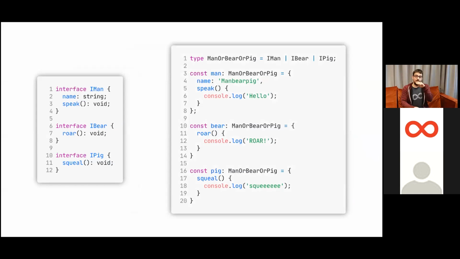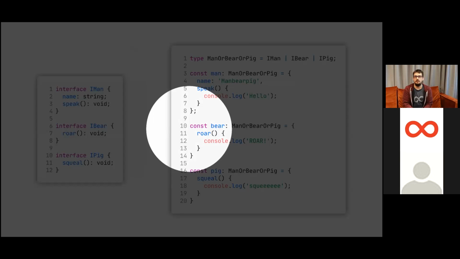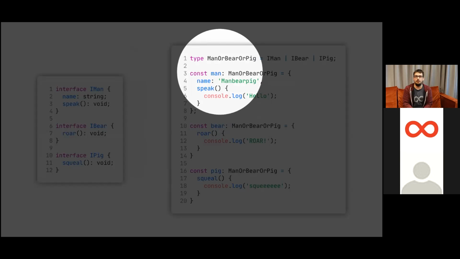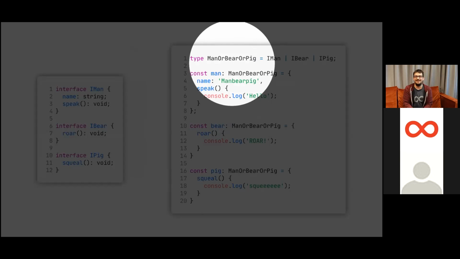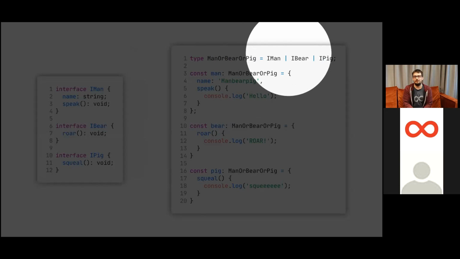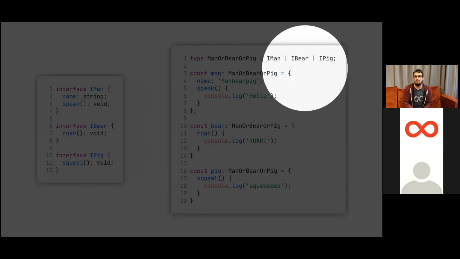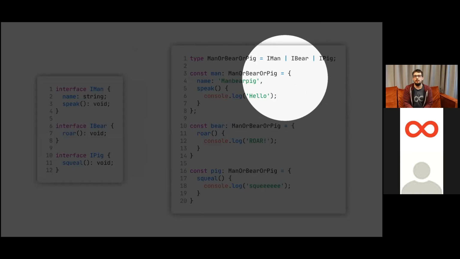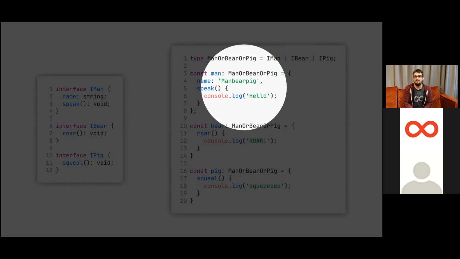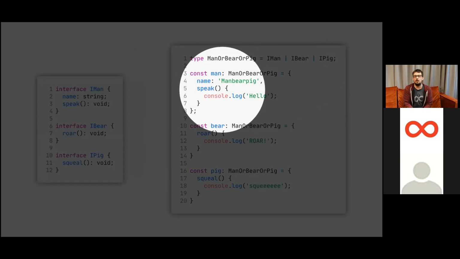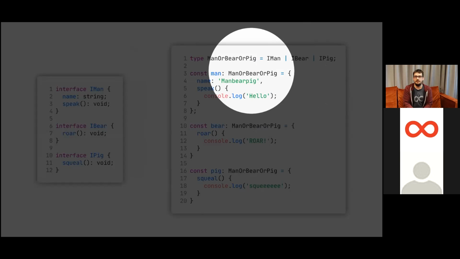Now, we have previously seen that we can create custom types. And here we have created a custom type called ManOrBearOrPig, which is of type IMan or IBear or IPig. And now we can create a man object, which is of type ManOrBearOrPig.